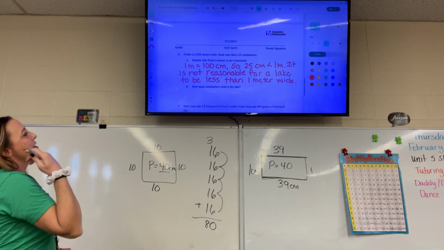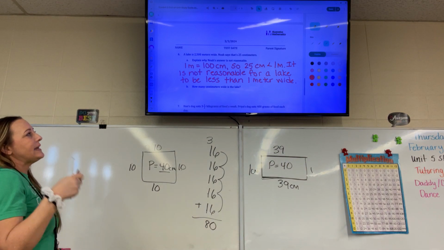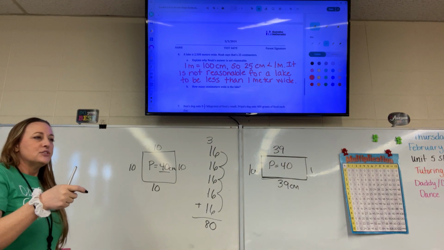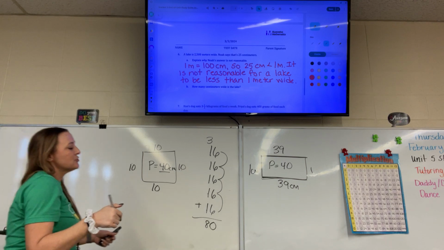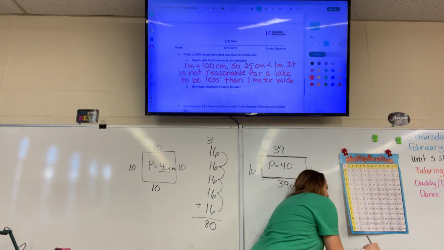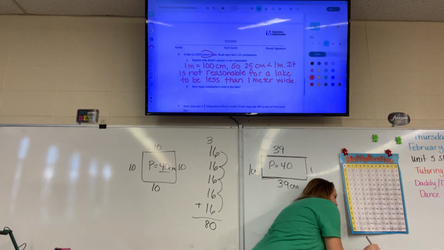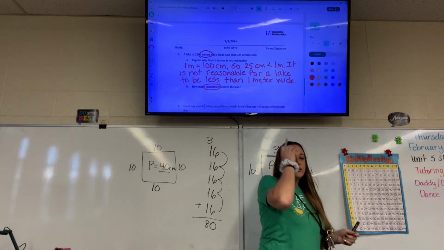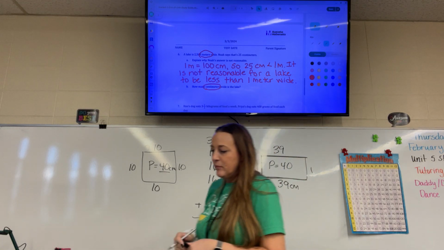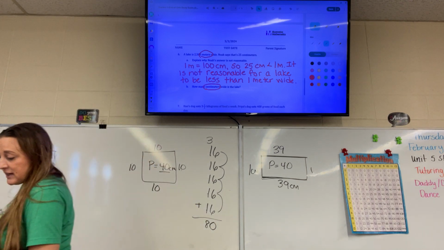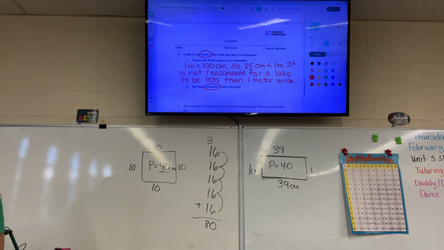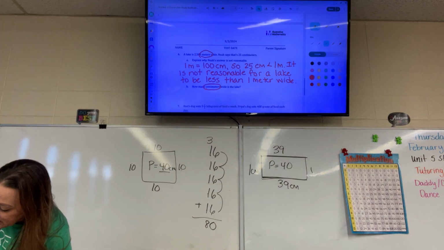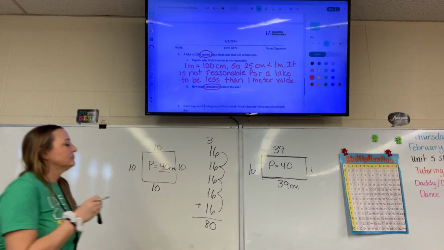Okay. How many centimeters wide is the lake? So we do need to use the conversion. What are we talking about? We're talking about meters and centimeters. So on your conversion table, go find meters and centimeters. It's going to be the very first one.